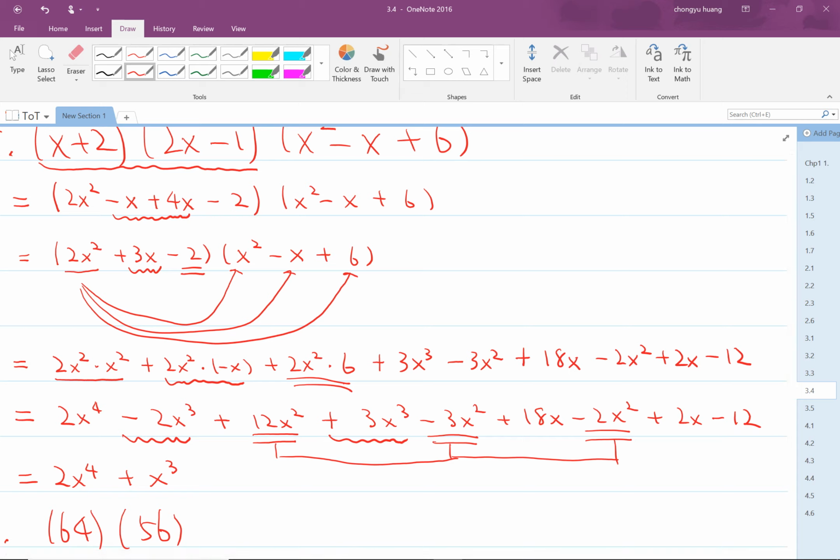So we have 12 minus 3 and then minus 2, so it's actually 12 minus 5, right? So you guys get it: 12x to the power 2, negative 3x to the power 2, and negative 2x to the power 2.